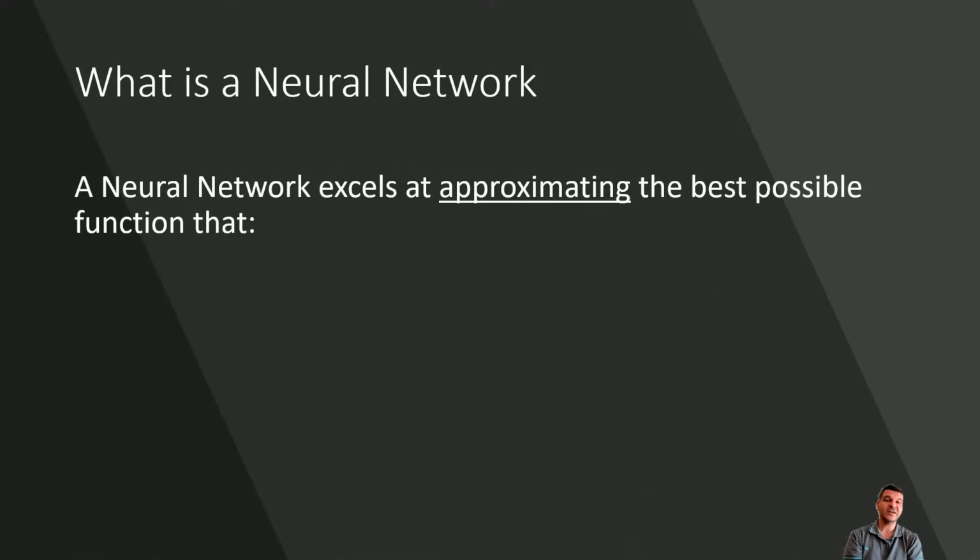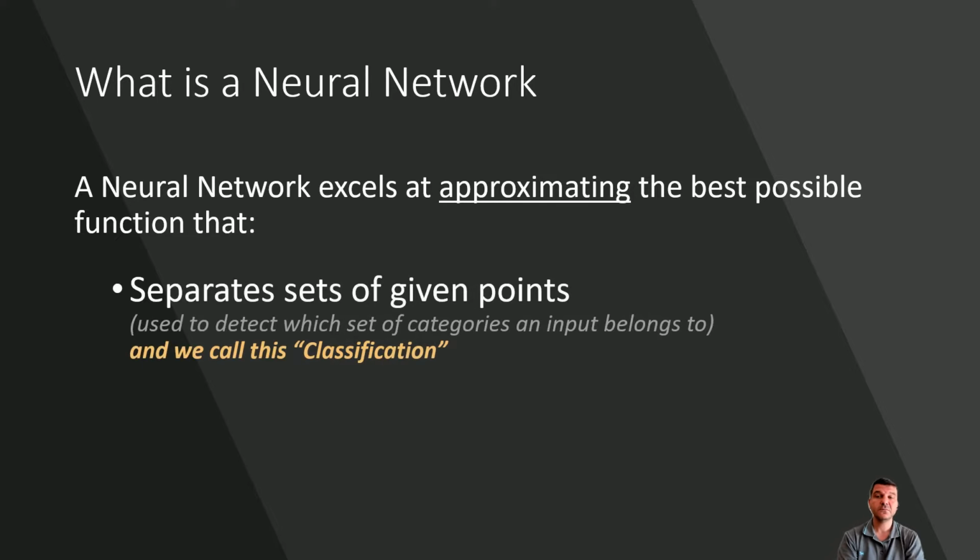It turns out that a neural network excels at approximating the best possible function that can do one of two things that we will see. First, it could be a function that can separate sets of given points. By separating sets of points or sets of data, this is what we call classification, and that allows you to detect which categories some of the inputs belong to.